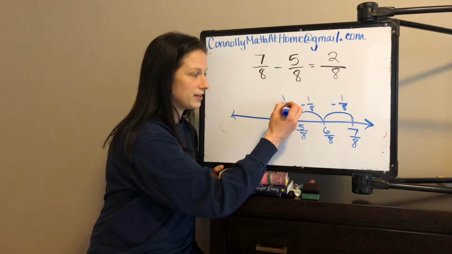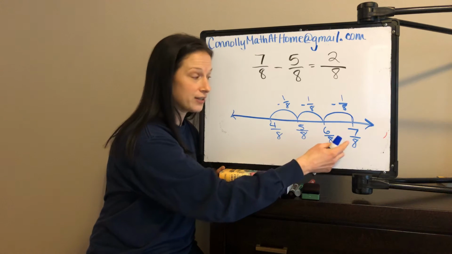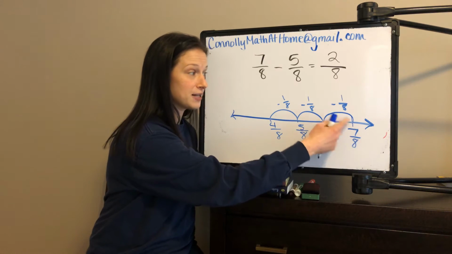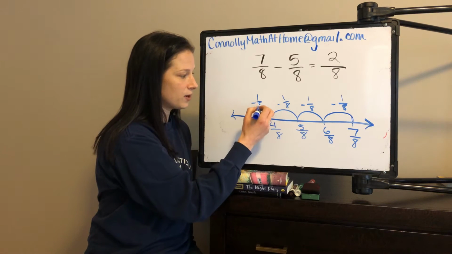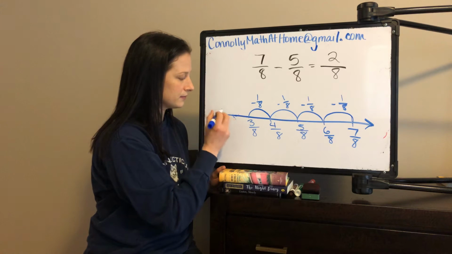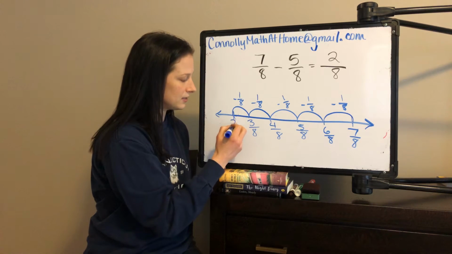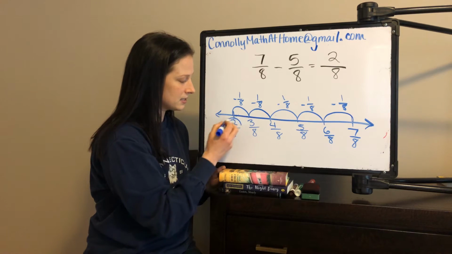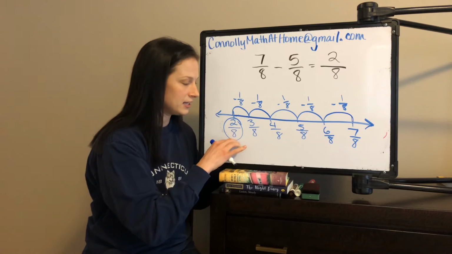Minus 1/8 would be 4/8. I'm going to keep track of what I've done so far. I've started with 7/8, minus 1/8, minus 2/8, minus 3/8, minus 4/8, and then, that always happens, you need more space, minus another 1/8 is 2/8. So I'm showing what I land on here as my answer.